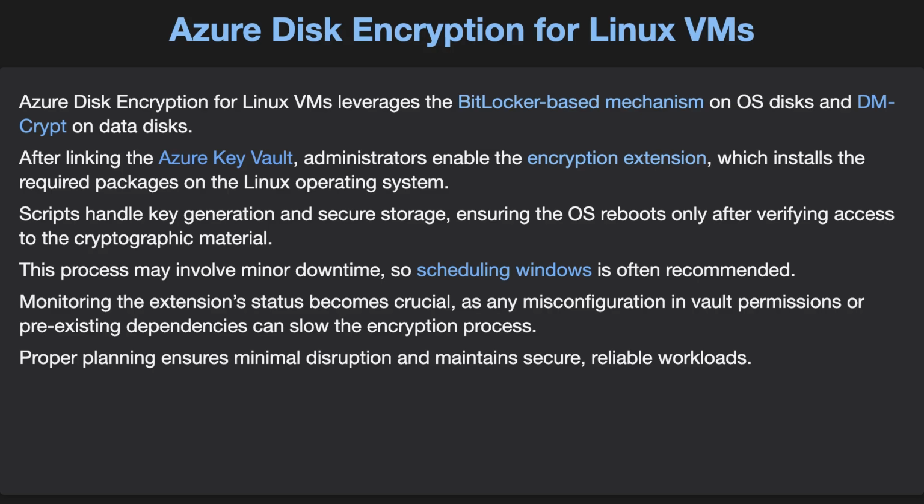This process may involve minor downtime, so scheduling windows is often recommended. Monitoring the extension status becomes crucial, as any misconfiguration in vault permissions or pre-existing dependencies can slow the encryption process. Proper planning ensures minimal disruption and maintains secure, reliable workloads.